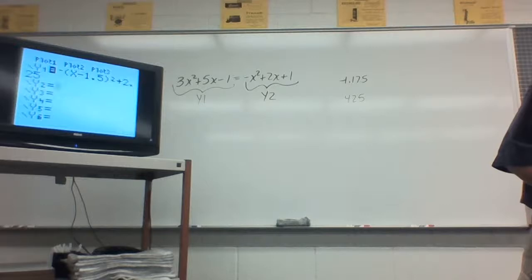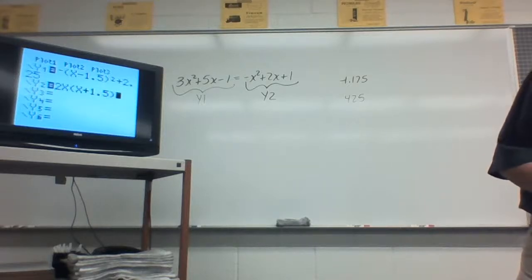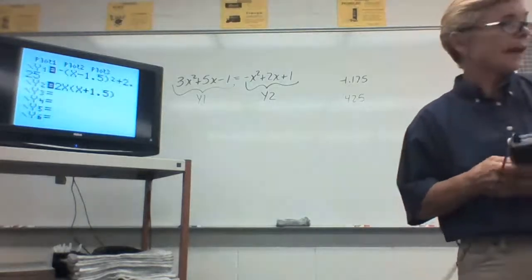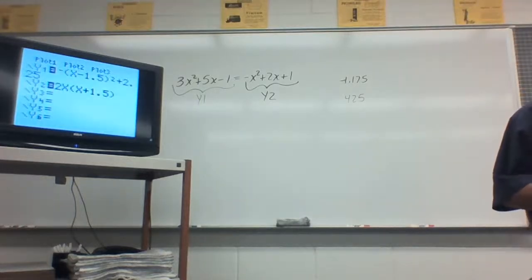That's what I'm putting in y1, the left side. And then we go 2x, parenthesis, x plus 1.5. Not too bad to type. No algebra, no squaring, no distributing, no trying to work with decimals. Now I'm just going to hit graph.